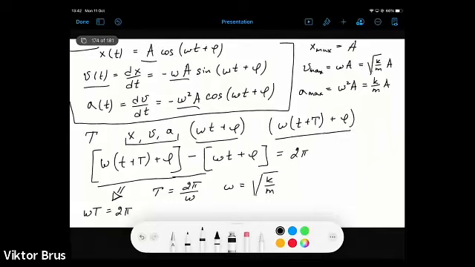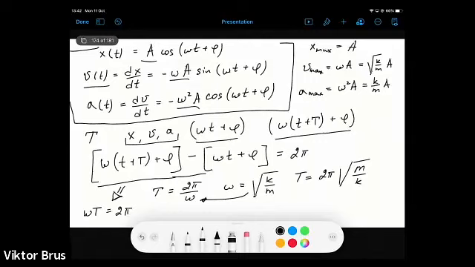If we substitute now instead of omega here, we will get that the period of simple harmonic motion of this system, spring and block, isolated system, will be equal to 2 pi times square root of m divided by k. Another parameter which is also quite often used is frequency.